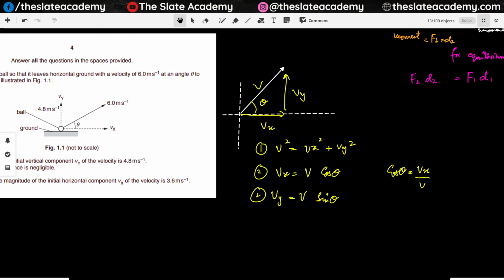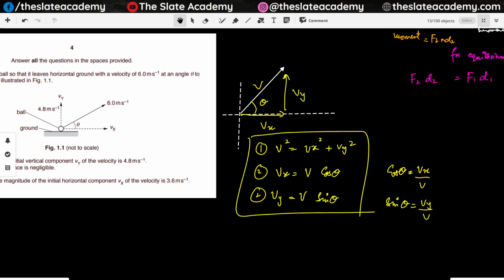Why? Again, because sin theta is equal to Vy by V. Rearranging, I get Vy is equal to V sin theta. These are the three primary formulas that we use, and they work when theta is with respect to the horizontal.